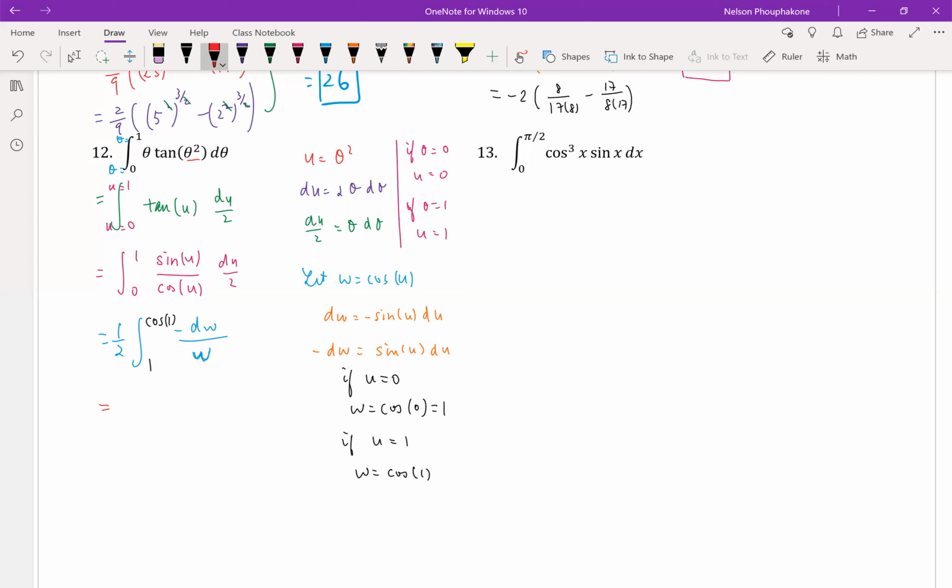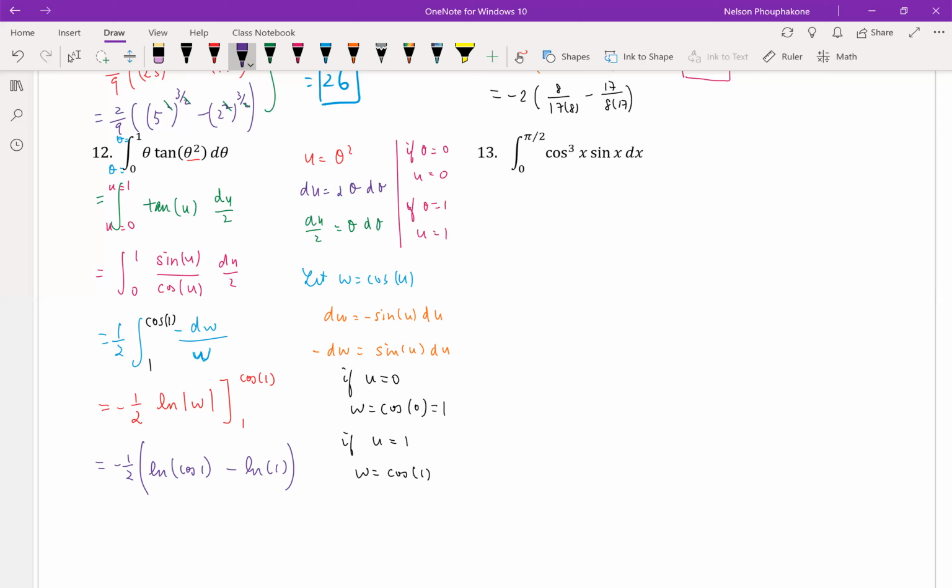And now I will have negative 1/2 natural log of w, evaluated between 1 and cosine of 1. So I will have negative 1/2 times natural log of cosine of 1 minus natural log of 1.